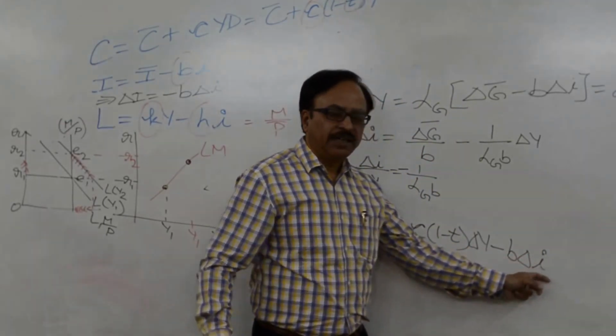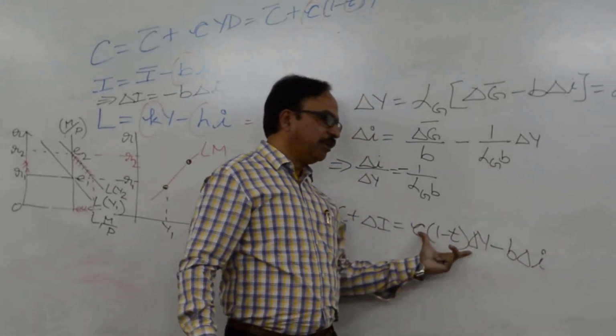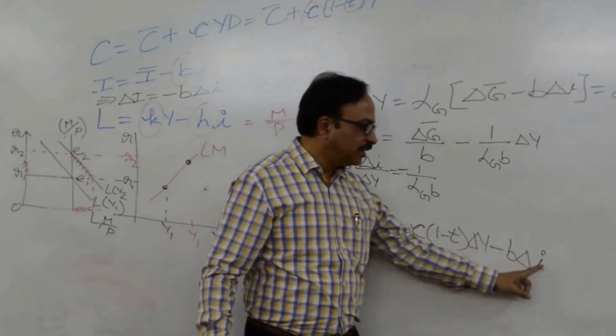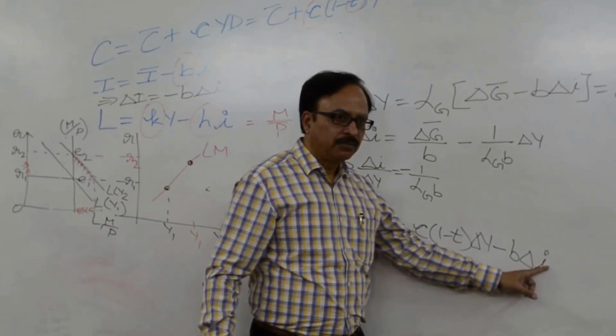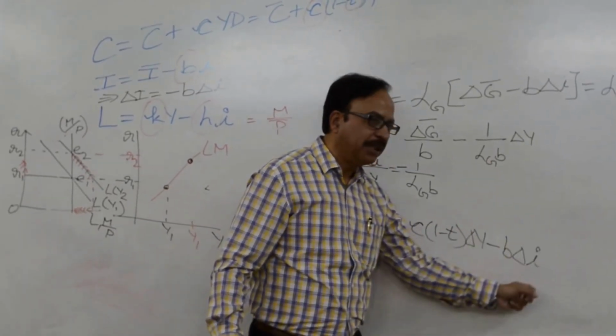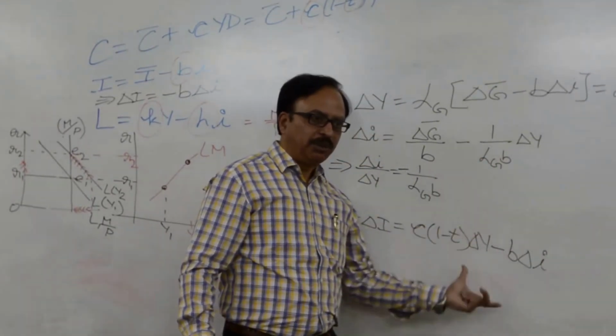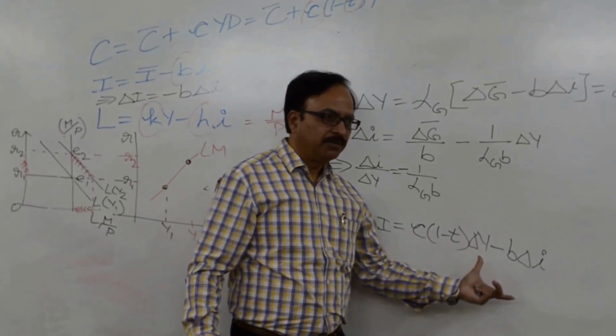Because if delta I is negative, this entire thing will be positive. Income will increase and therefore this will also increase. If this is negative, this is positive, if the rate of interest increases, this entire thing will be negative. Aggregate demand will fall, income will fall, consumption will fall. So both of them will be changing in the same direction.